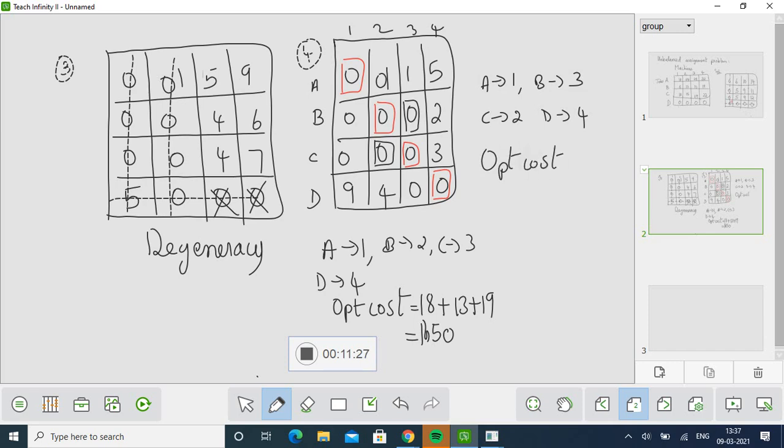What happens to my optimal cost? My first value here is not changing, so it is 18. The last value is not changing, so it is 0. B goes to 3. What is 3? 3 is 17. So B goes to 3, and your C goes to 2.